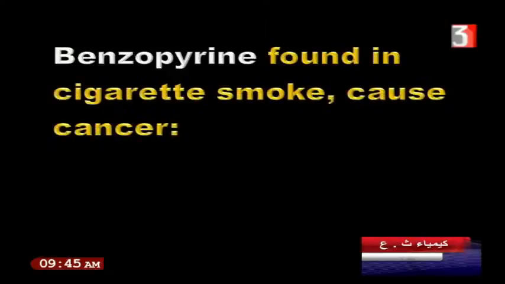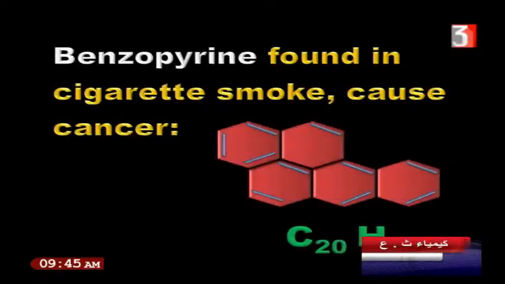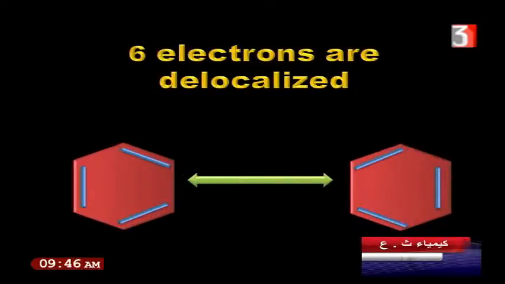Now, benzopyrene found in cigarette smoke causes a dangerous disease called cancer. Look at this. This is the formula C20H12 benzopyrene. After that, you have 6 electrons that are delocalized, as you see.